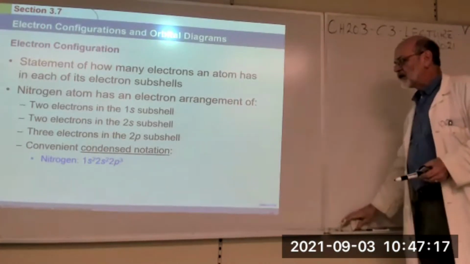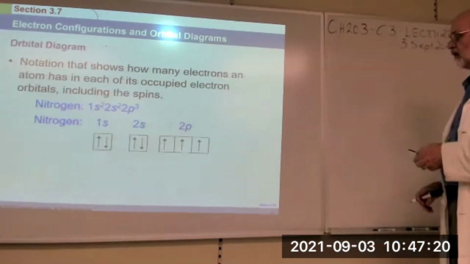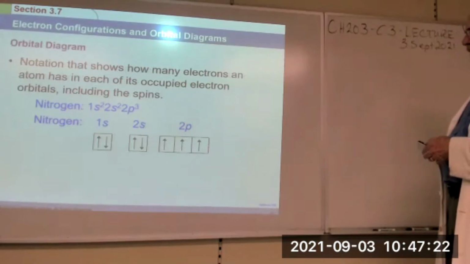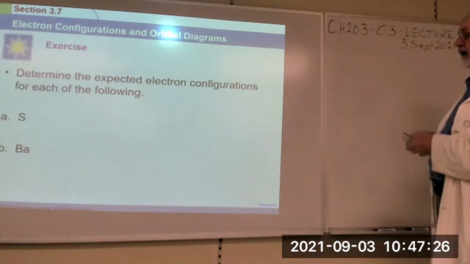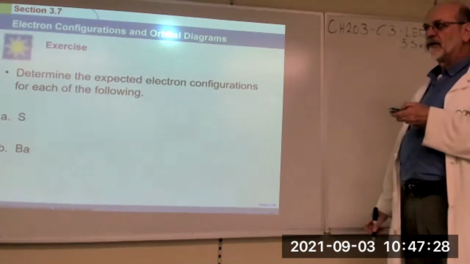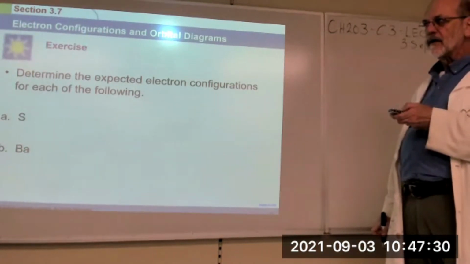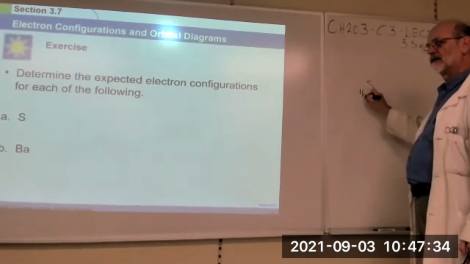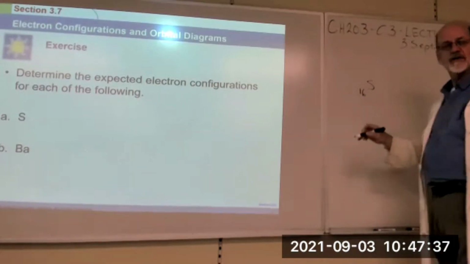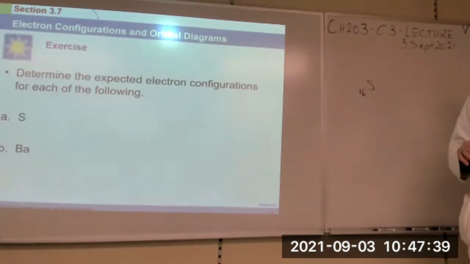Okay, so what's another example? Let's try another one. That's what nitrogen looks like. How about sulfur? Okay, we did nitrogen here. Now there's sulfur. Sulfur has 16, correct? 16 protons, 16 electrons.